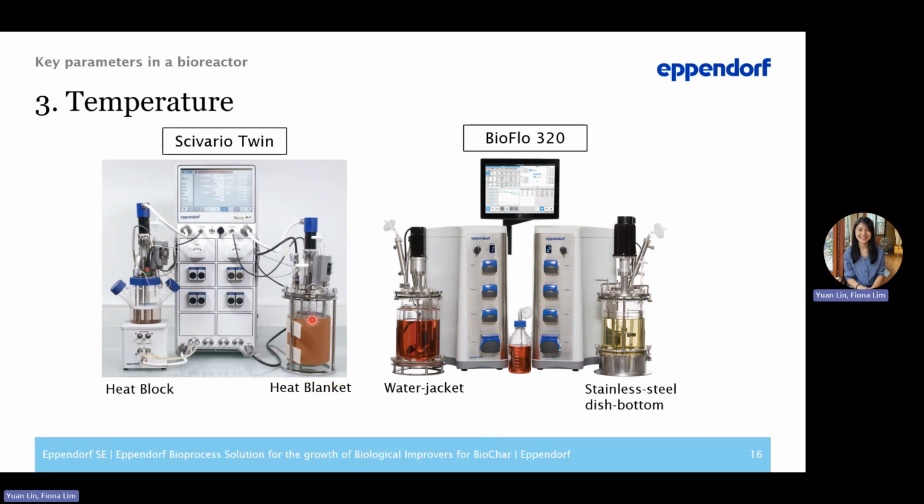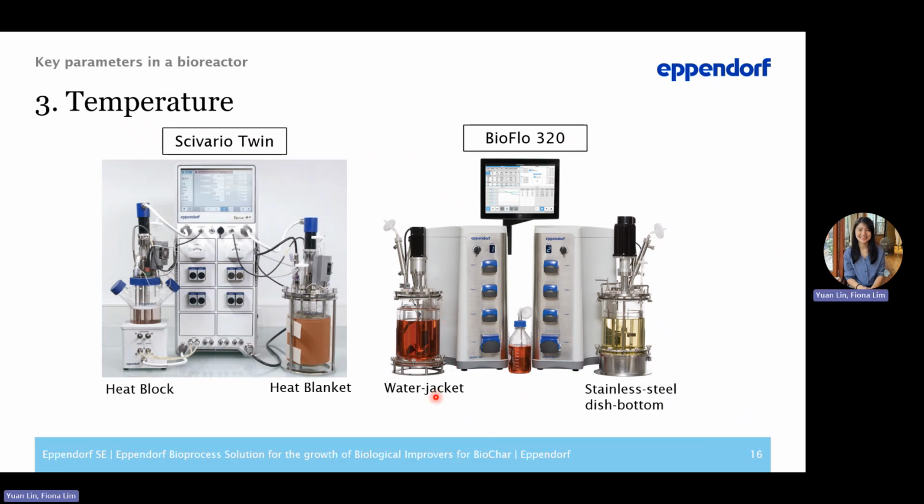And then there is this heat blanketed version for the bioreactor. So it generates heat to heat up the media within the bioreactor. And the cooling is actually being performed using cooling fingers. It's a metal piece that is being introduced into the bioreactor. And cold water will be circulated within the Y piece cooling finger to cool down the temperature within the bioreactor.